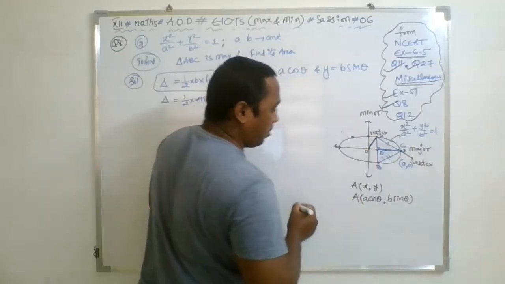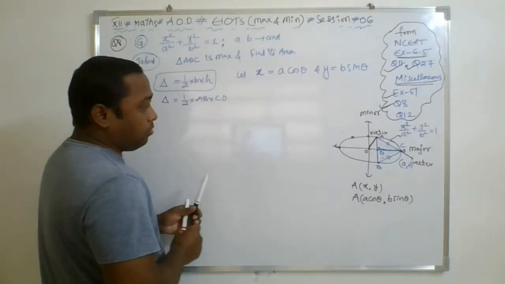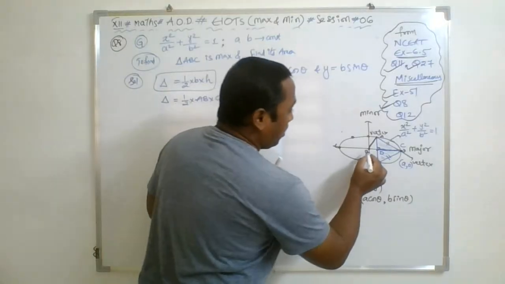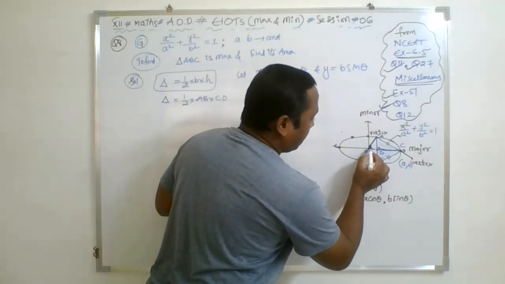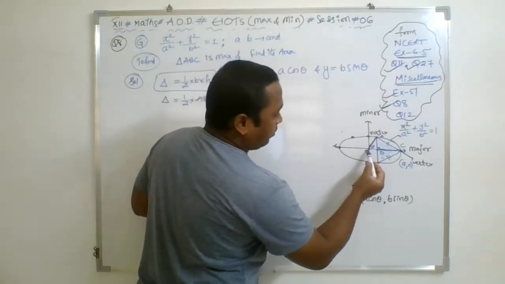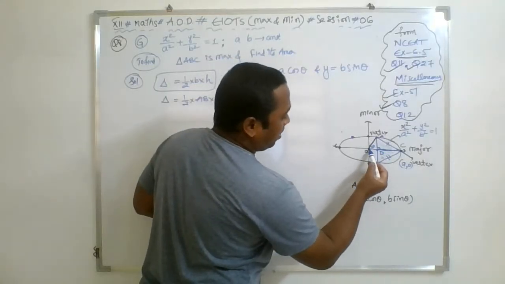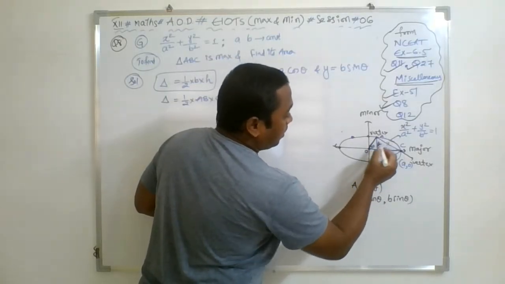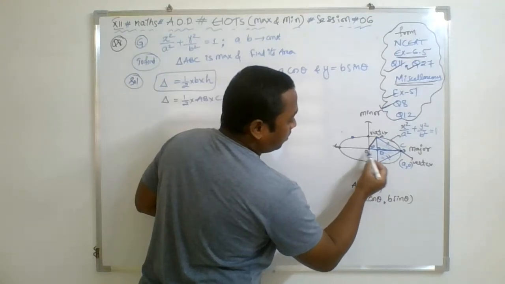try to understand this a little, it will become very easy. Look, this angle is basically theta. Now in this right angle triangle, what we are speaking about is the base part. This is OD.